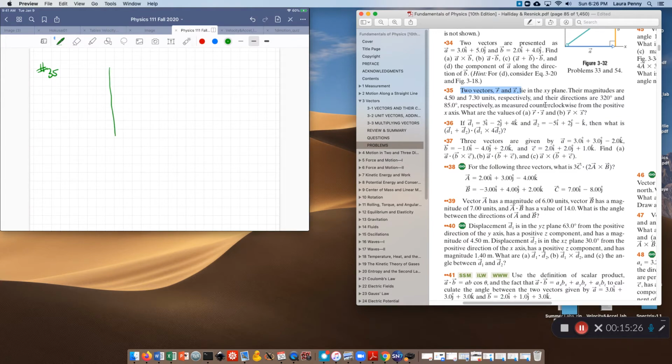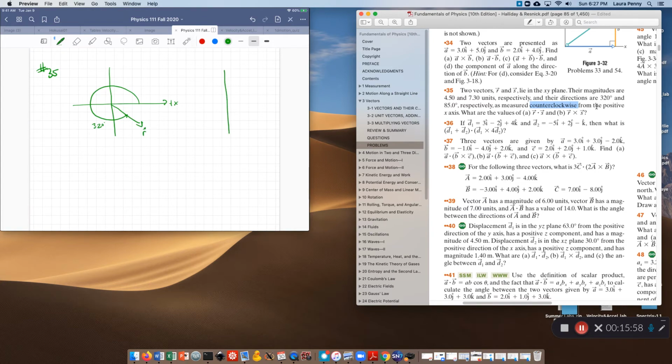sketching those two vectors, my R vector is 4.5 units long, and it's 320 degrees measured counterclockwise from the positive x-axis. So this is positive x, and 320 is all the way over here, right? 40 degrees below, and so here's my R vector.